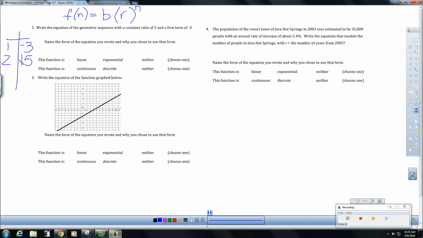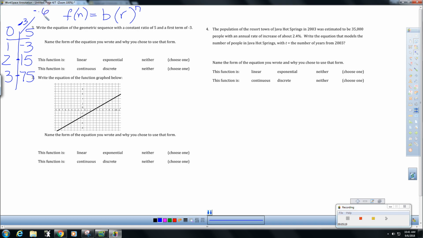Because it's got a constant ratio of 5. So what's the third term, Carson? What is -15 times 5? -75. Now, what would the 0th term be? -3 divided by 5. Okay? We're just going to leave it like that. Okay, so we could also call it negative 0.6.